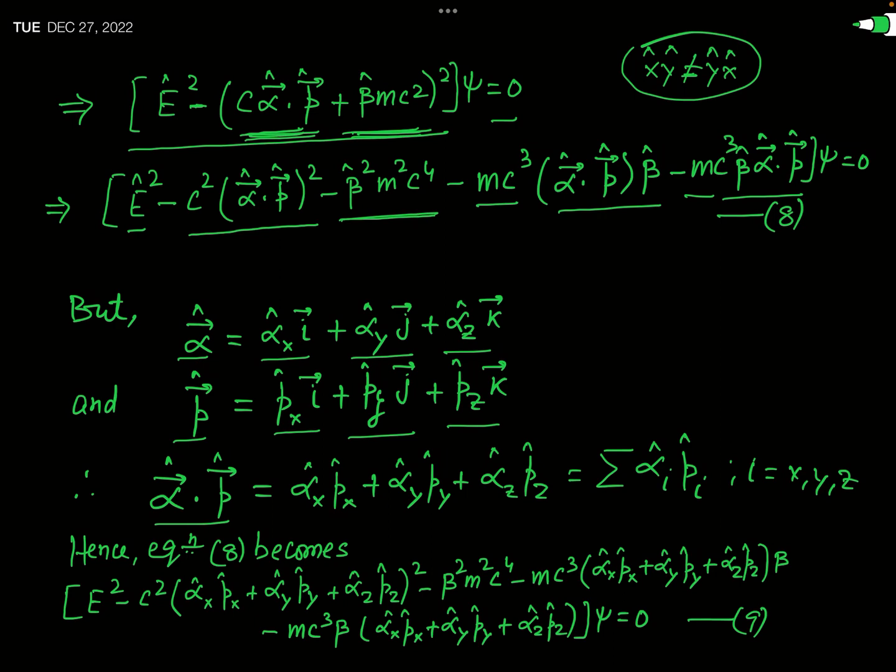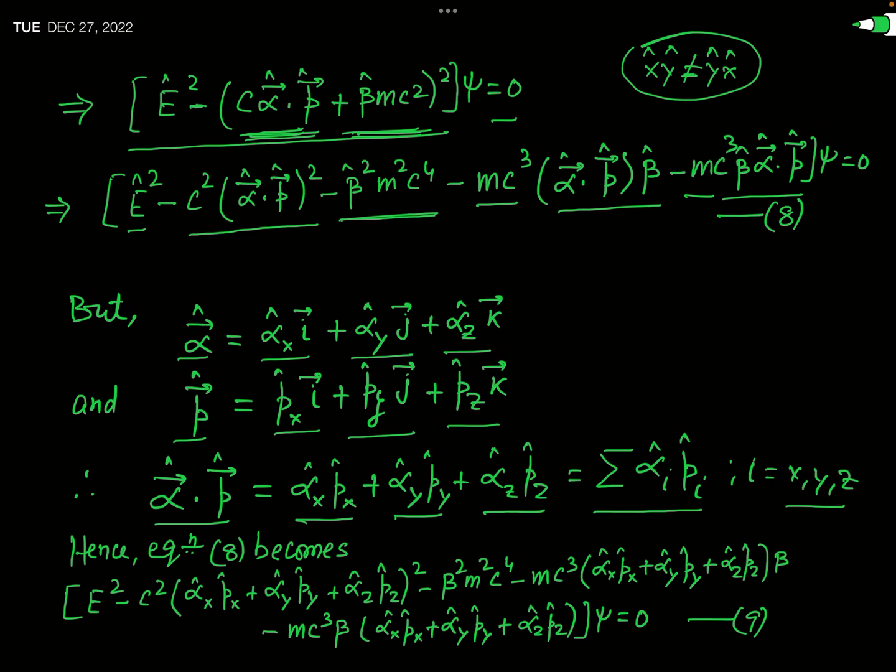In a scalar product, the similar components survive and all other terms are zero. So this will be simply alpha x px plus alpha y py plus alpha z pz. In brief, you can write this as the summation of alpha i pi, where i means x, y, z.